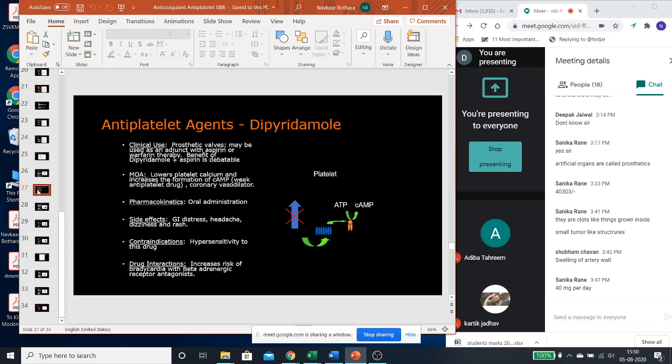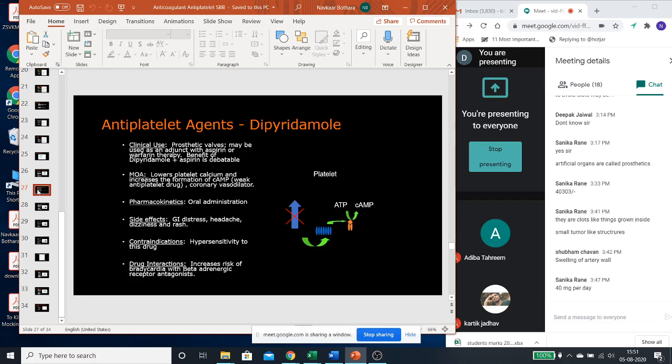Why is it not preferred? I will give you a clue, but you can study. It causes the steal effect. Steal means stealing something. So that's why it is not much preferred in angina, but it is a good choice in stroke and other such conditions.